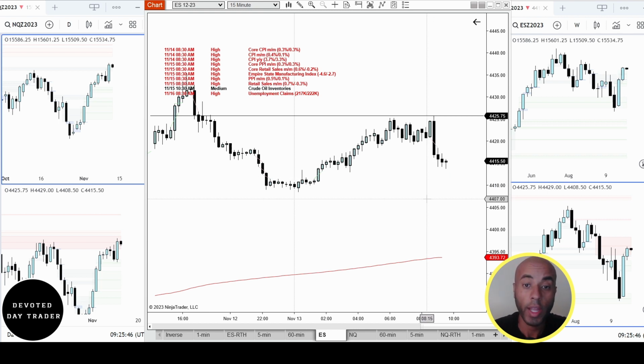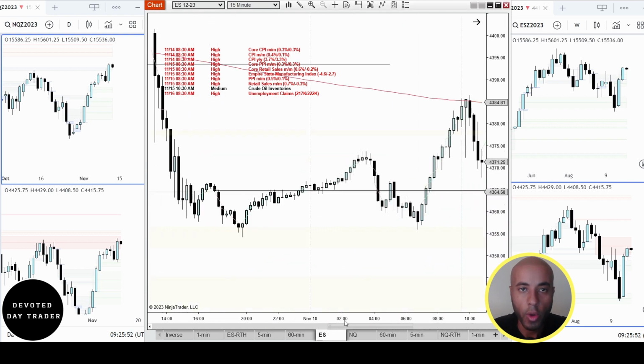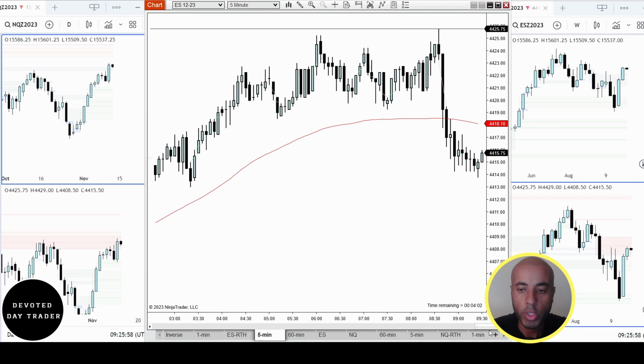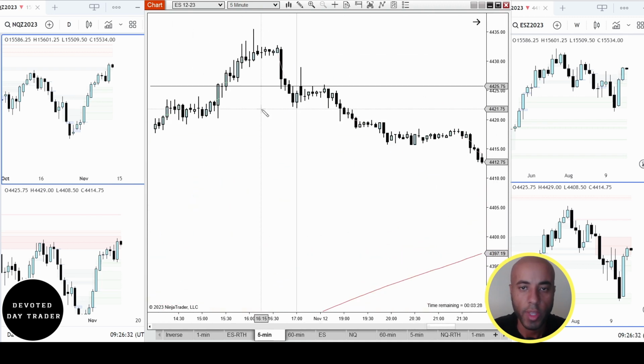The first thing that I do on Monday morning is I mark out the new week opening gap. I will start with the ES 5-minute chart. I find the last closing 5-minute candle on Friday, which is this candle at 11.